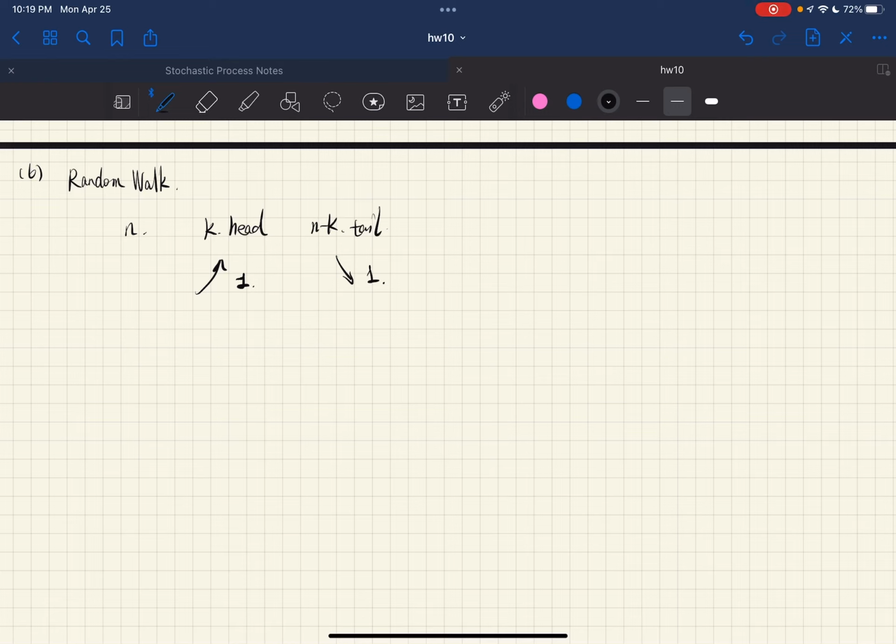So we have the first order probability mass function. Based on this, xnt equals k times s minus n minus k times s, as I said before, and it equals 2k minus n times s.